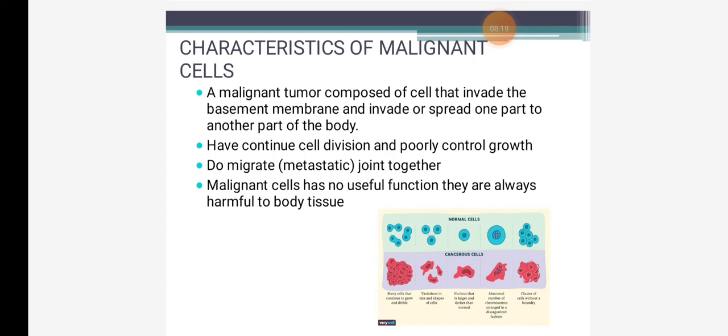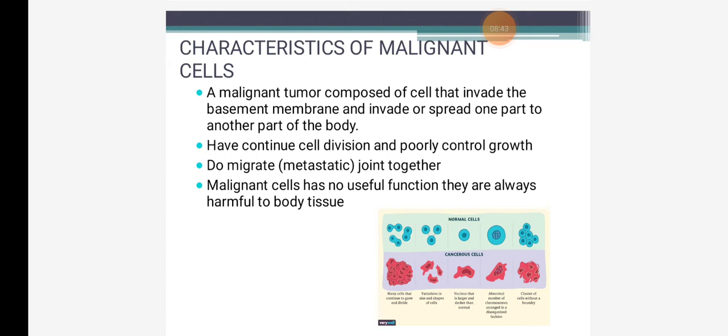As compared to benign cells, malignant cells have poor control over growth, and continuously they will divide. In normal cells, with cell division, one cell will form two cells, or four daughter cells in sexual cells.